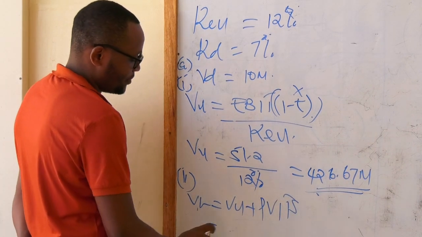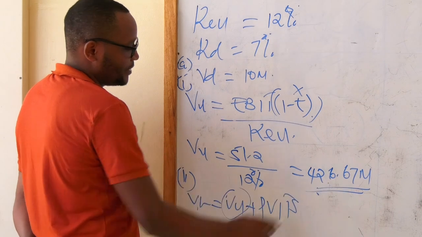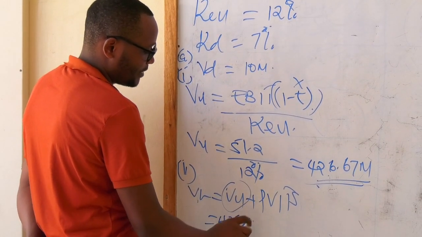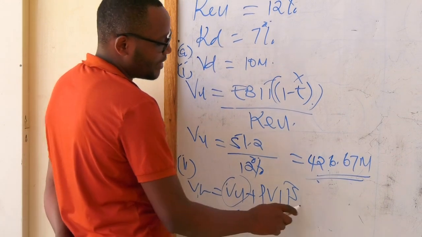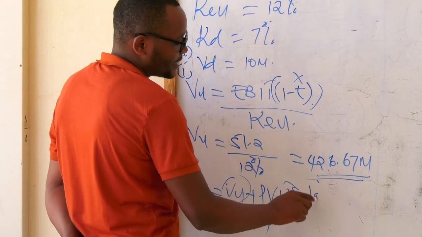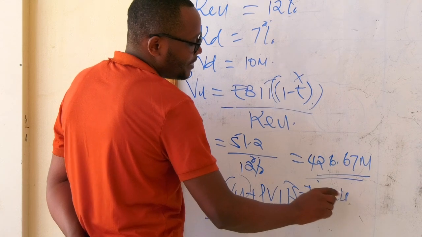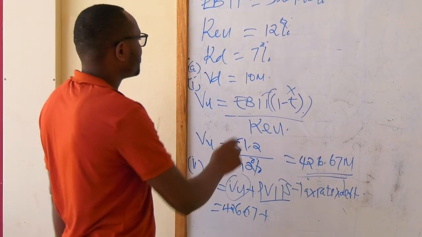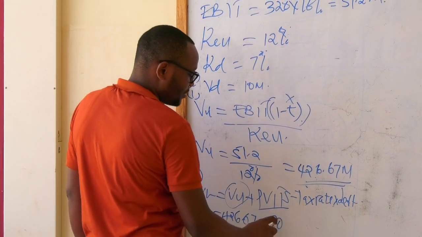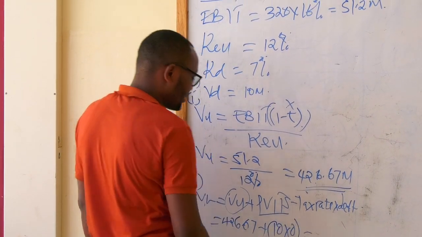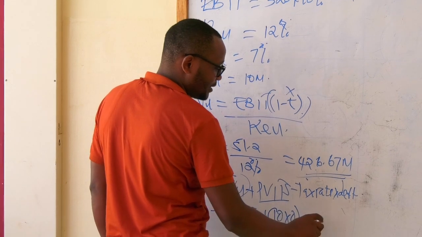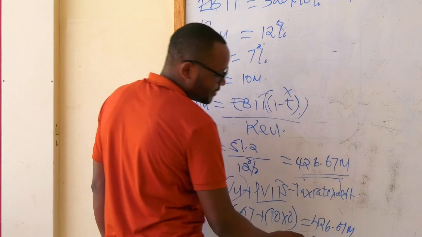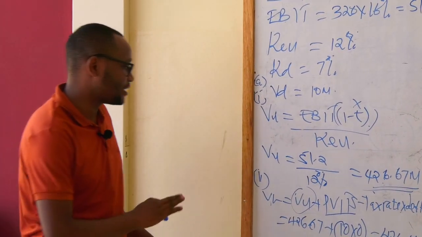So the value of the levered firm is 426.67 plus the present value, which we get by using the tax rate multiplied by the debt. Here we have the debt, 10 million, times tax, which is 0. So you're going to get the same amount too. The value of the levered firm is equal to the value of the unlevered firm, as long as you don't have tax in it. That's all we're talking about.